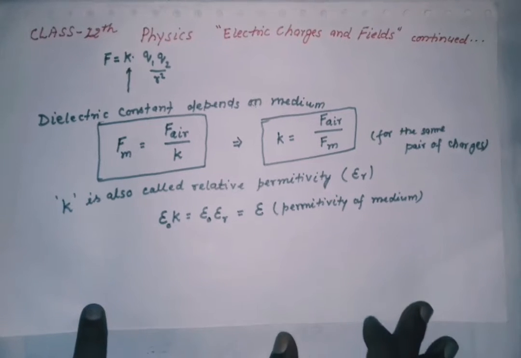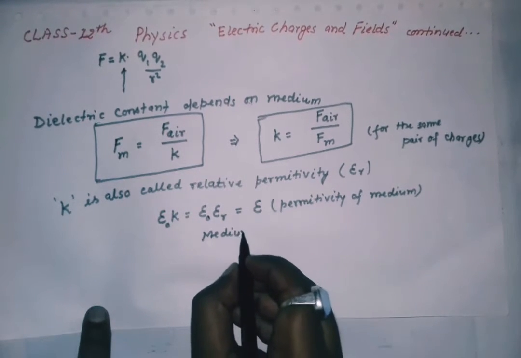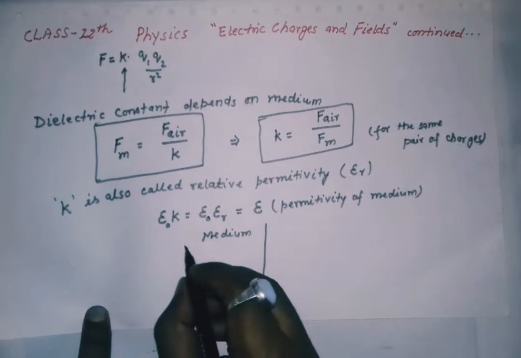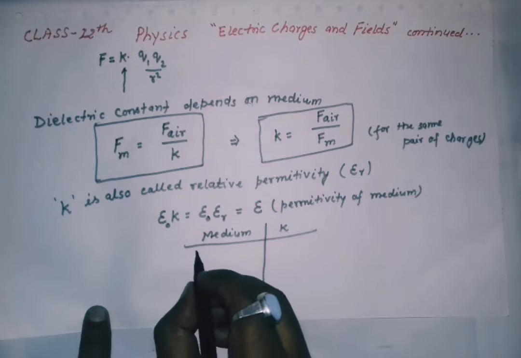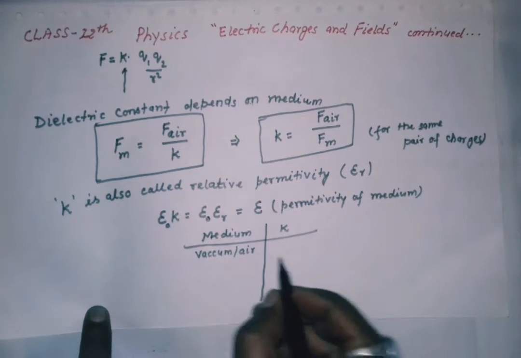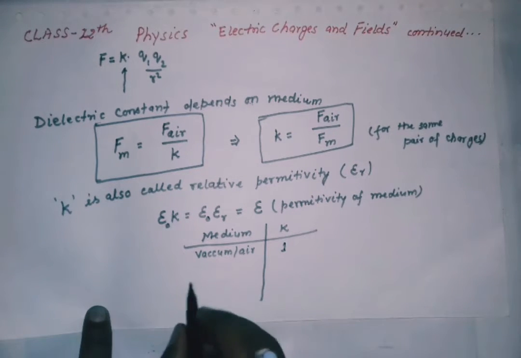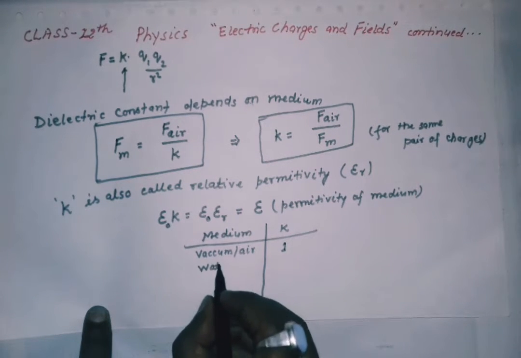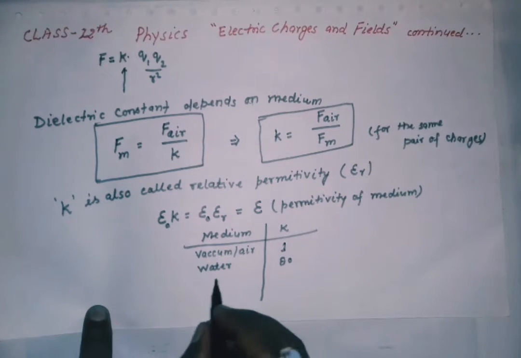Now we will study the value of K in various mediums. First medium is vacuum or air. The value of K for vacuum or air is 1. For water it is 80.